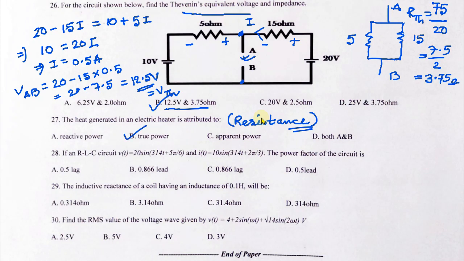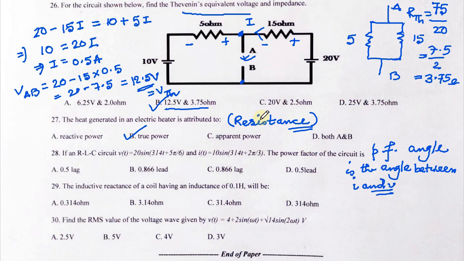If an RLC circuit having a voltage of Vt = 20 sin(314t + 5π/6) and current of It = 10 sin(314t + 2π/3), what is the power factor? We know that the power factor angle is the angle between current and voltage. Okay.